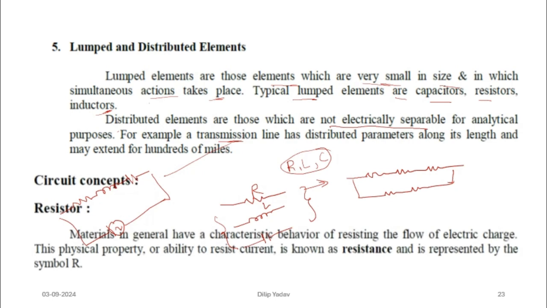Then we have the circuit concept, that's a resistor. We have studied what resistance is and what its parameters are. Now coming again, we said it is a property of the material which opposes the flow of electric current.